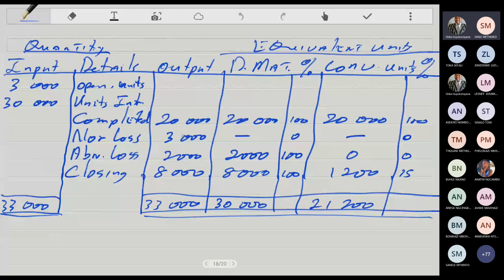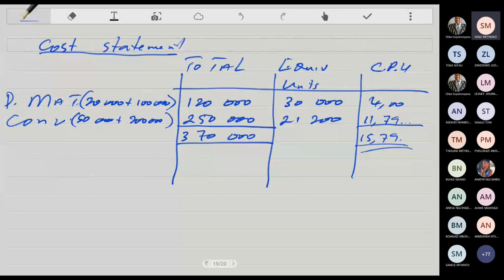Then when you go back to the output column, the next units that you have there is 3,000, which is a normal loss. And remember what we know about the normal loss, we do not allocate any costs to the normal loss. So we skip those units. Take the next one, which is abnormal loss.